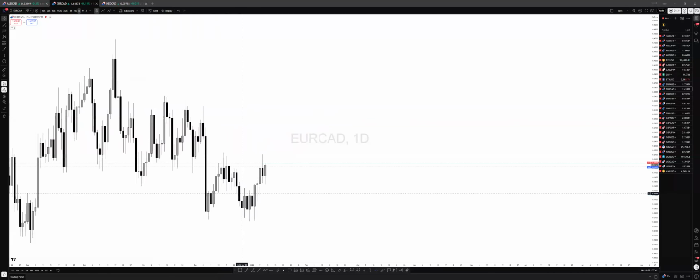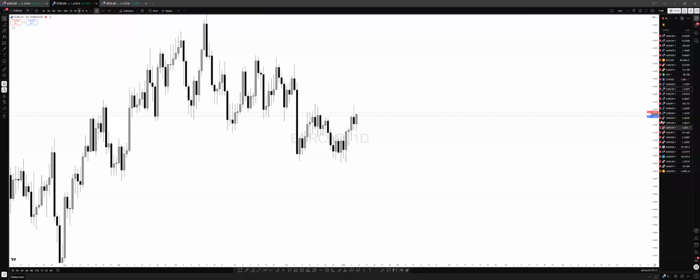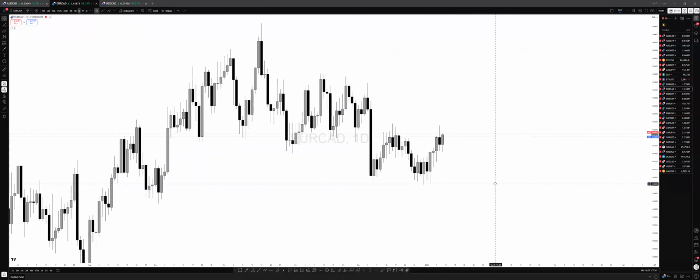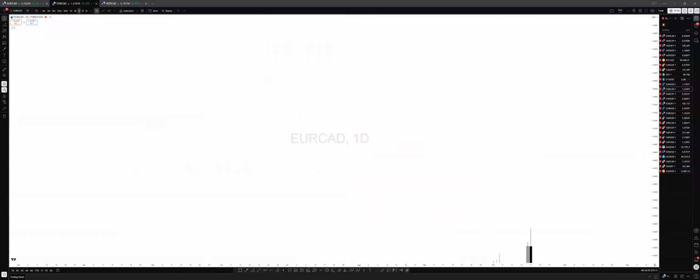So for this particular framework, which is our level one approach, we're looking for a rejection from a higher time frame key level. So let's say we have a key level like this on the higher time frame, either AV or open close, and then we want to see on the lower time frame price come into it, break structure, then return.